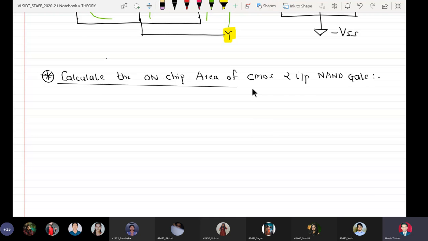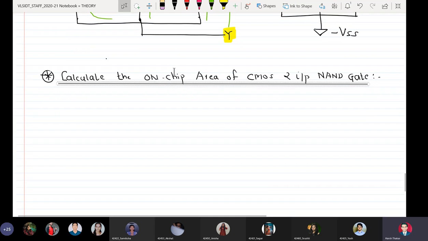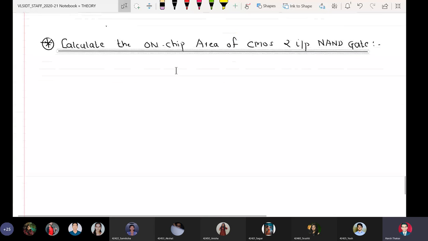Once you are very, very clear about what are the individual W/L ratios of MOSFETs when connected in series and parallel, so that the effective pull-up strength of the entire pull-up network is equal to P, and the effective pull-down strength of the pull-down network is equal to N, once you are clear with this, it is very, very simple.